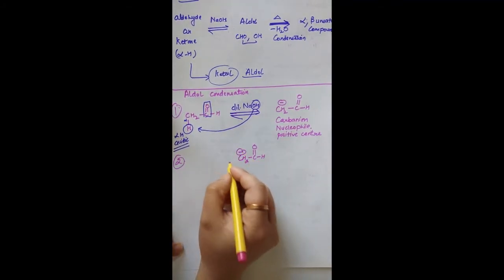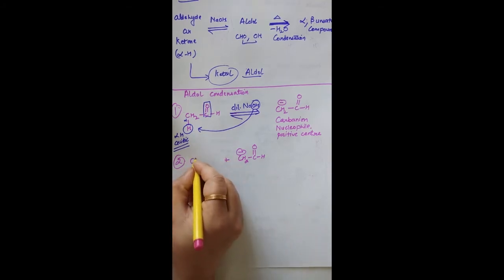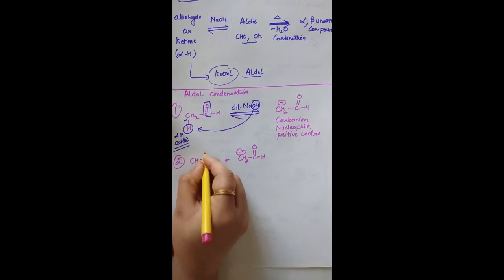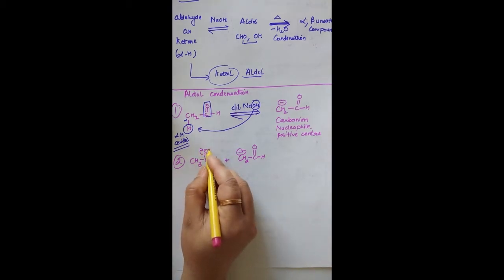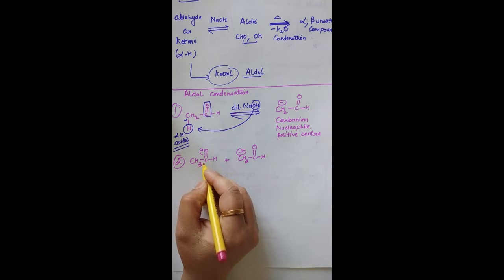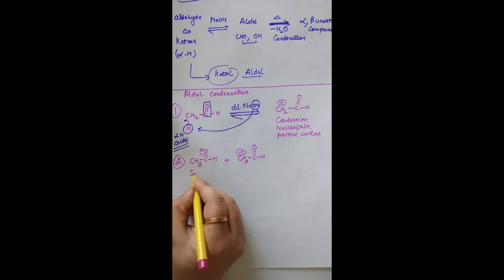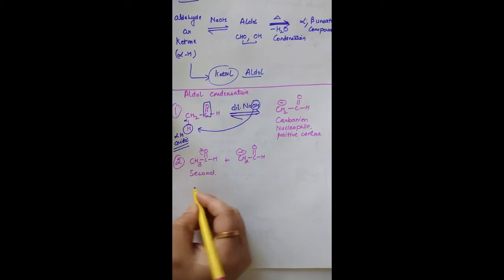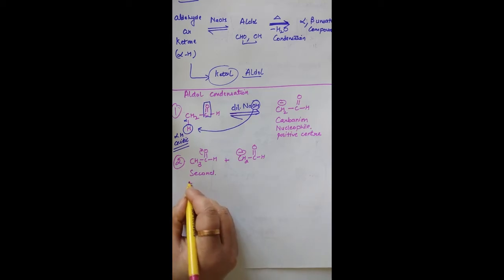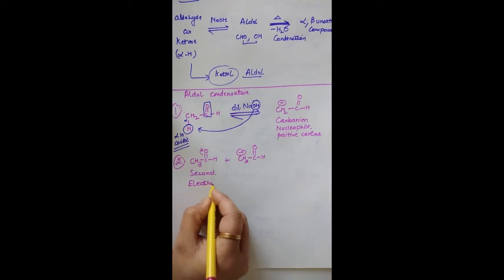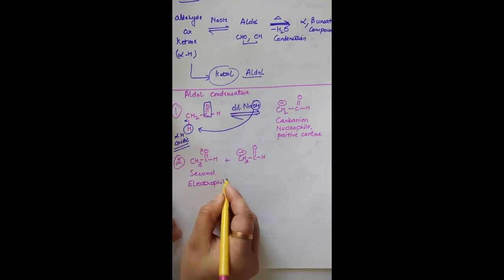We need another molecule of acetaldehyde, and because there is an electronegativity difference, there is a partial negative charge and a partial positive charge here. This is your second aldehyde molecule, and you have an electrophilic carbon here.